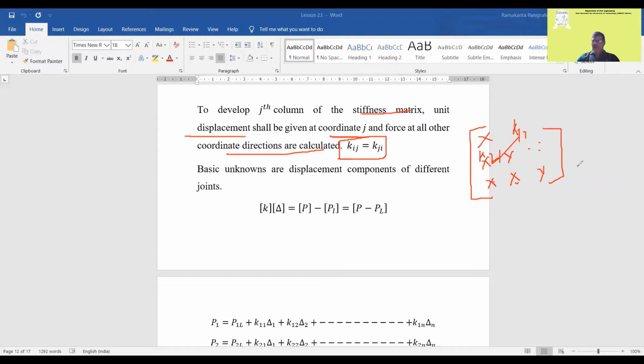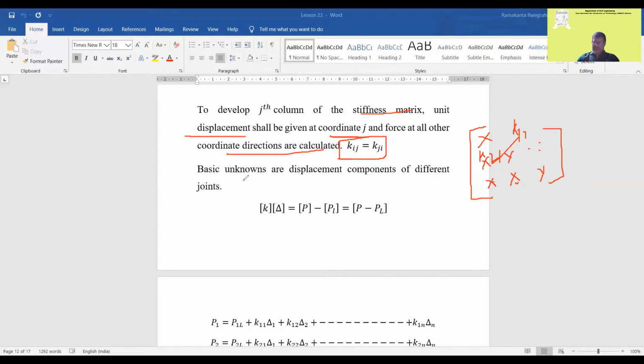Now this is how to calculate the jth column of a stiffness matrix. For any column you are interested in, put a unit displacement at that coordinate, find the forces required at the other coordinates, and write these values in that column. That will be the jth column.